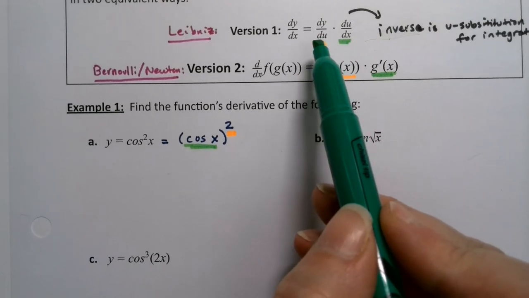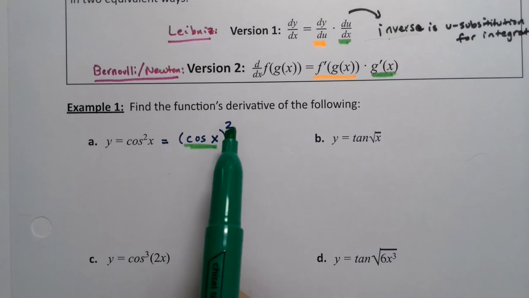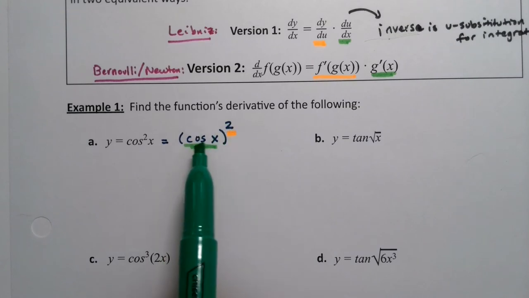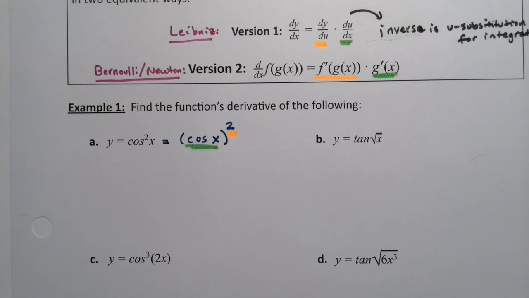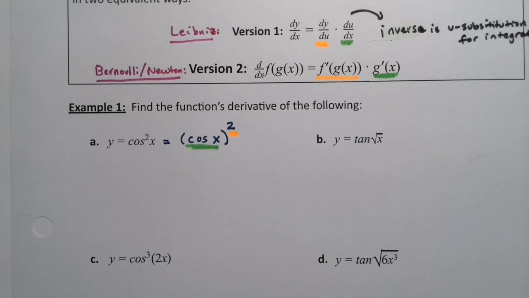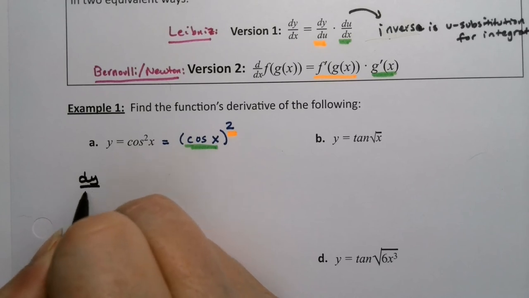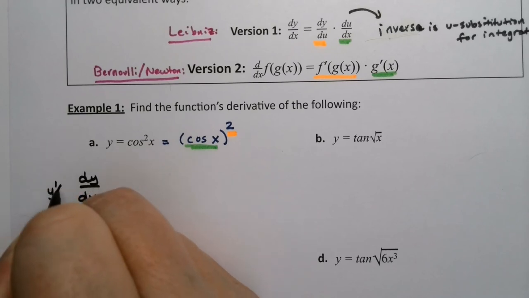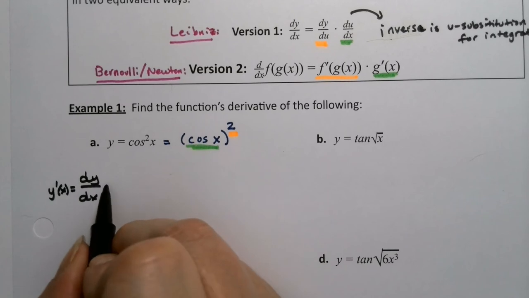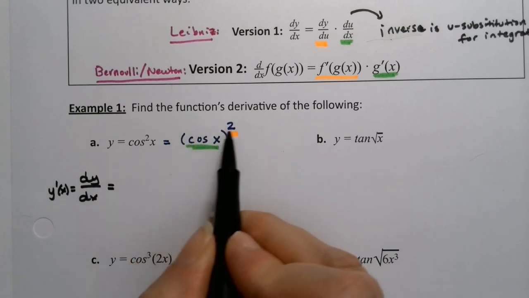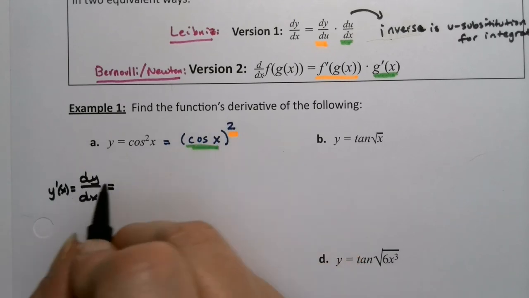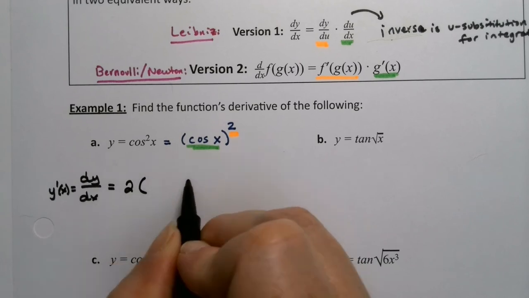In other words, you take the derivative of the outer part, which is the squared part, and you leave the inner part alone. Okay. So dy dx, or if you like y prime, either one, of x, is equal to, all right, derivative of the outer part means you bring the 2 down. So 2 to the 1 power.